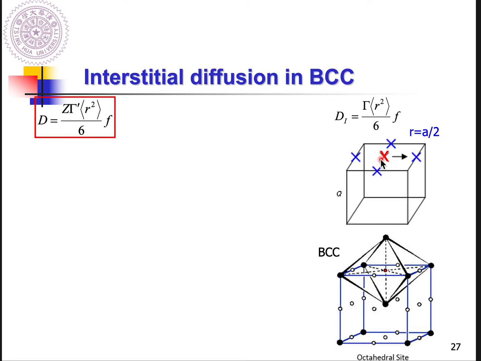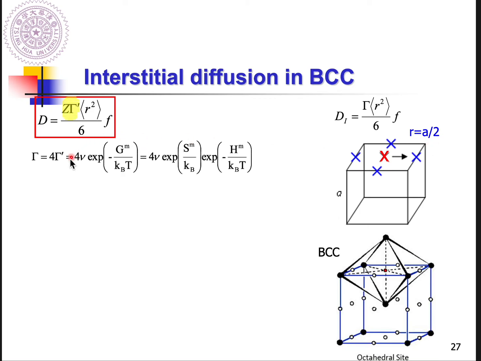So here in this case, if you consider this interstitial atom, we only have 1, 2, 3, 4 possible jumping directions, with nearest distance a/2. So the Z here is 4. So it's 4 gamma prime.